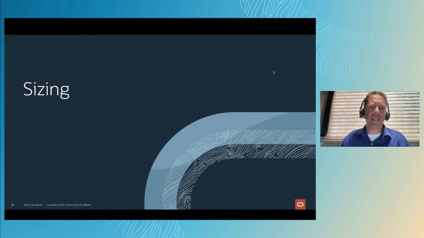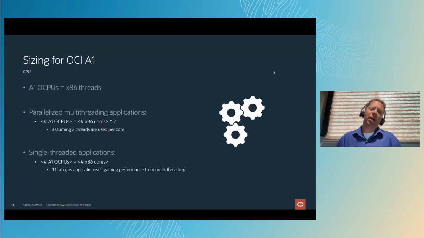Now let's talk about sizing. When we start talking about sizing, remember A1 is not a multi-threaded architecture or platform. So therefore, when we look at the number of OCPUs that we might need or want for an A1 compute shape, that would be the same. Largely, we'll typically start testing by getting the exact number of x86 threads that we're using. Notice how he didn't say the number of cores, but rather threads.